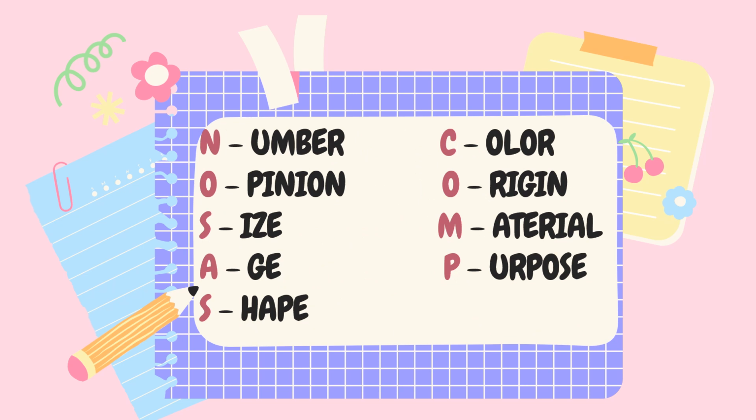So here's an acronym for you to be able to easily remember this series of adjectives. NOSASCOMP, such as number, opinion, size, age, shape, color, origin, material, and purpose. Can you say NOSASCOMP?